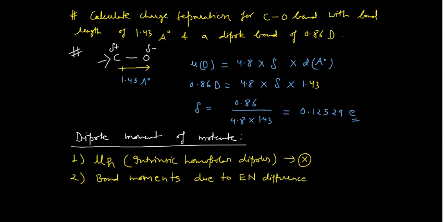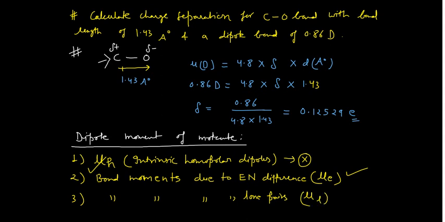So we can write this as mu e. So first was your mu h, which is not very important, but this mu e is very important. And the third thing you should know is bond moments due to lone pairs, which we generally write as mu l.